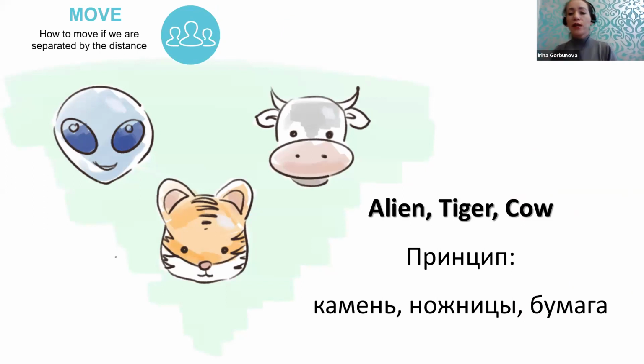The main thing is that we first show them the activities, for example, tiger, it could be cow or alien. And when I count 1, 2, 3, all of us have to show the same animal or the same thing. For example, tigers. Oh, Masha, you didn't show me the tiger. That was a cow. Let's do it once again.